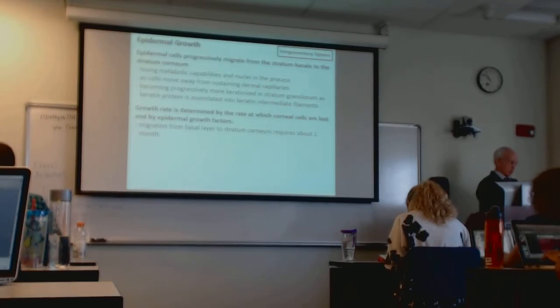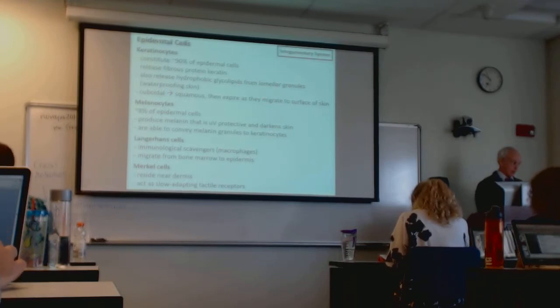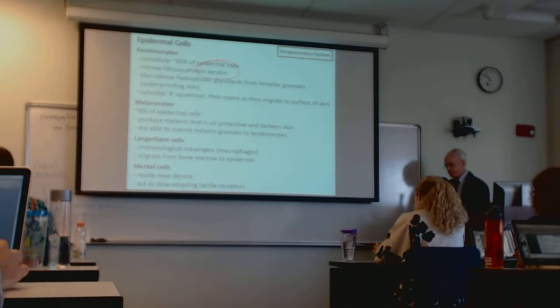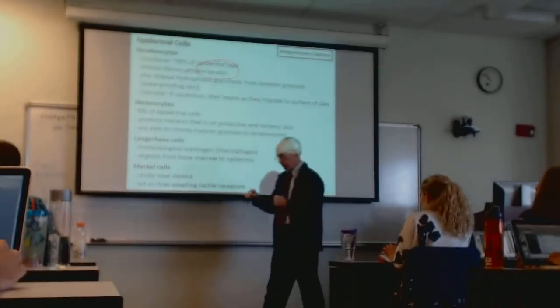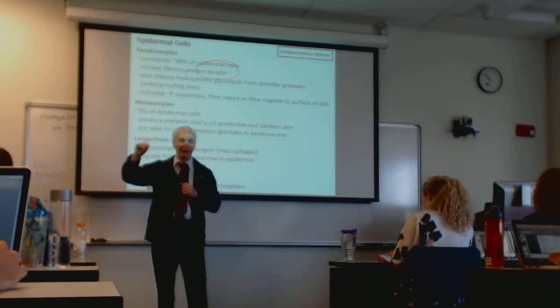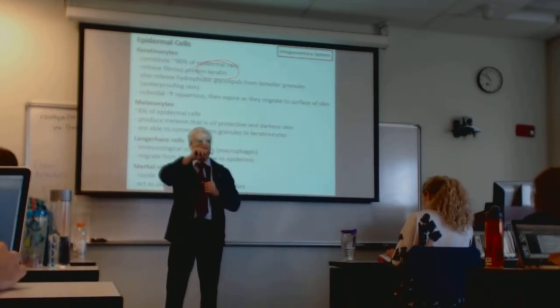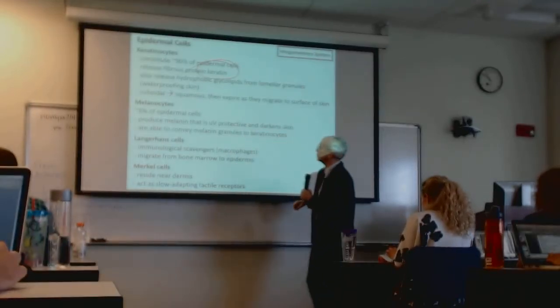All right, so we've talked about the general migration from the basal layer to the corneal layer. And we've talked about some of the special properties of the keratinocytes. Keratin is sometimes, in the text, you will see reference to pre-keratin and keratin. Technically, the intermediate filaments are pre-keratin, but that's more of a scholastic distinction.